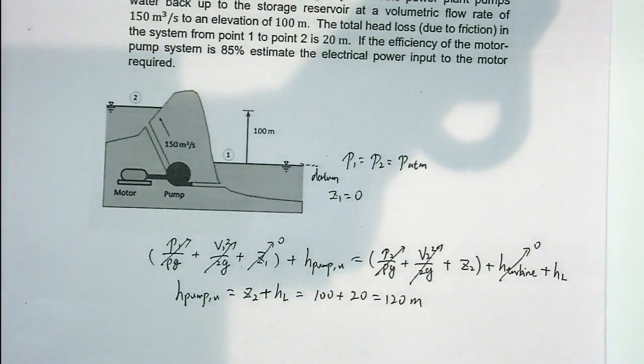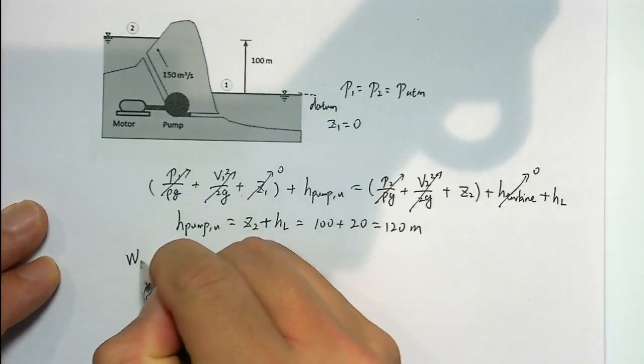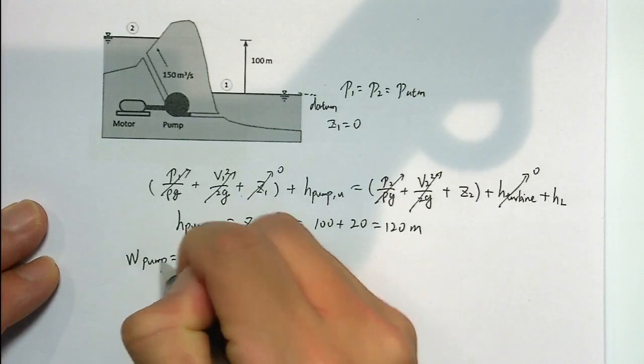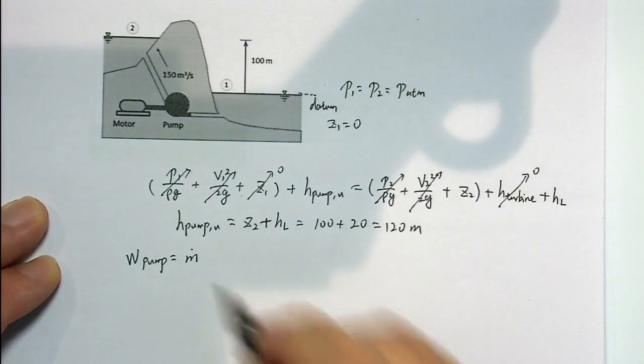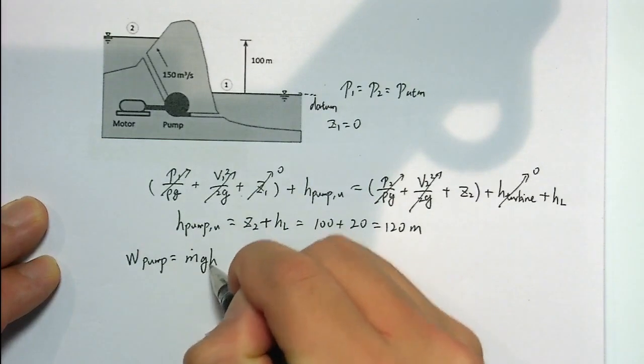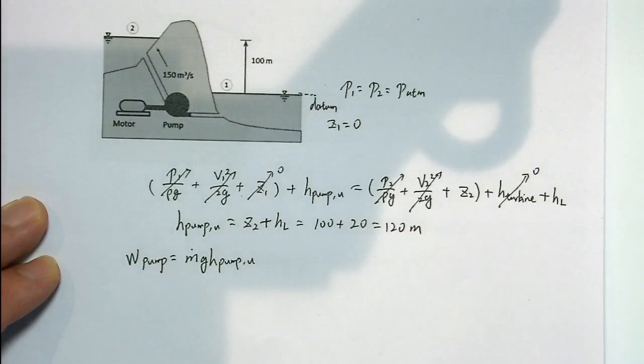So once we got the pump head, we could use the definition of work to calculate the work output from the pump. The work output from the pump is the mass flow rate multiplied by g H pump.